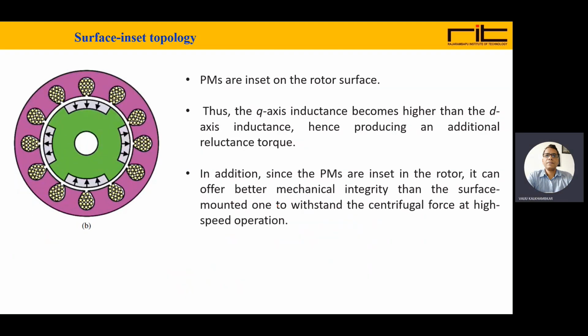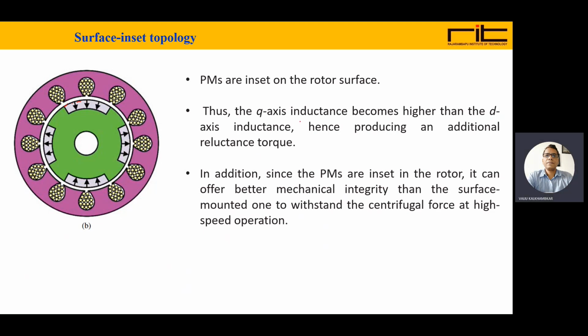Next topology is the surface inset topology. Now, earlier the magnets were mounted on the surface and simply they were glued. Here the magnets are inside this rotor body, rotor surface. It is embedded.